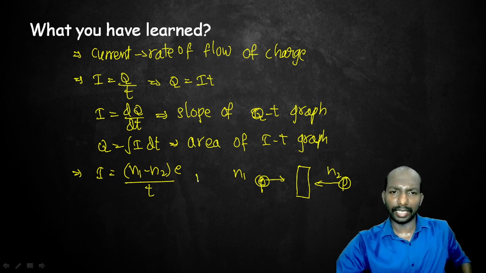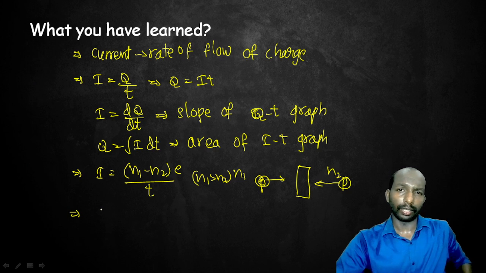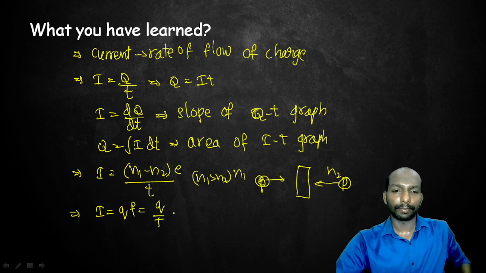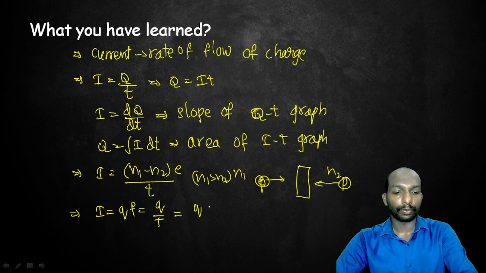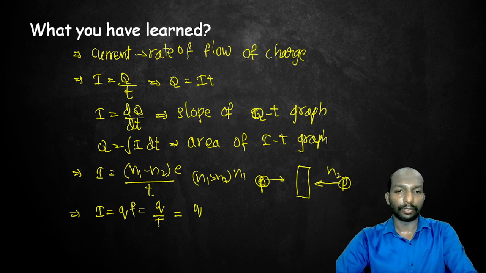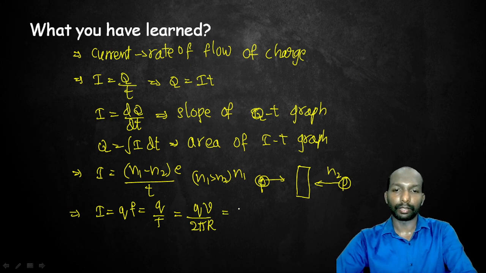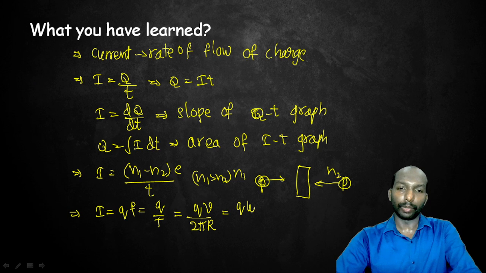Here n1 is greater than n2. After this we derived an expression for current due to a rotator charge. So I equals Q into F or Q by T, which is nothing but Q V by 2 pi R or Q omega by 2 pi.